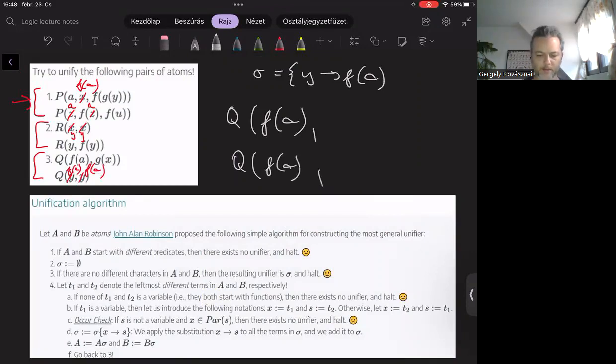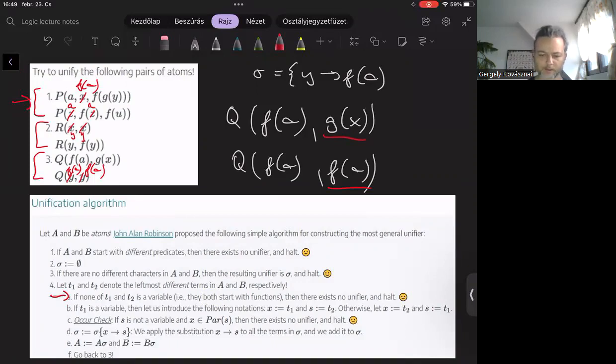In the next step, we find two different terms, g of x and f of a. And now we have a serious problem, because we found out in step 4a that the two different terms, g of x and f of a, are not variables. None of them is a variable.